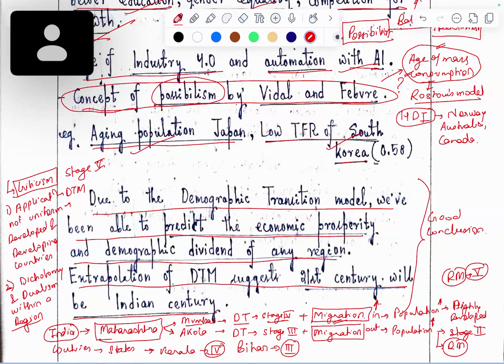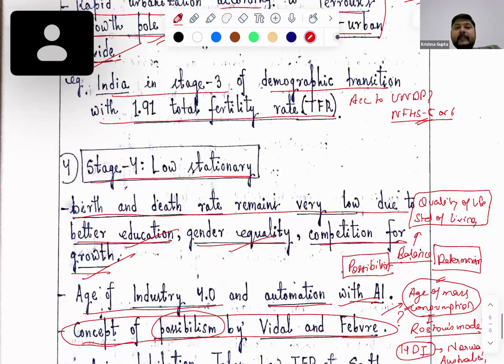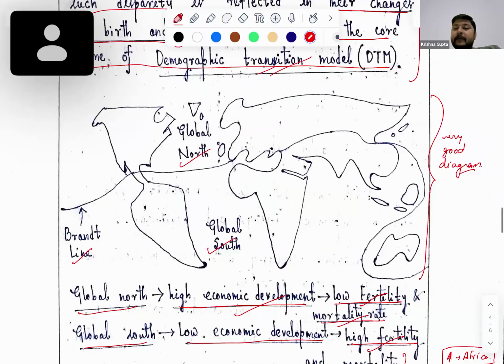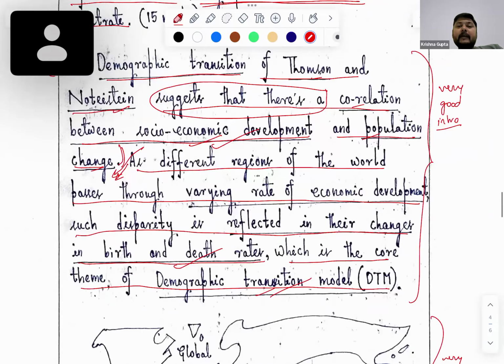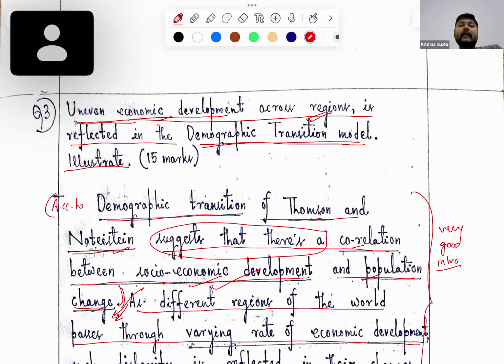We can take certain regions in stage 2 and certain regions in stage 3. But Kerala is moving from stage 4 to stage 5. In this way, we can add various aspects and perspectives. An important diagram here for the analysis of the demographic transition model across the various regions reflects uneven economic development also.